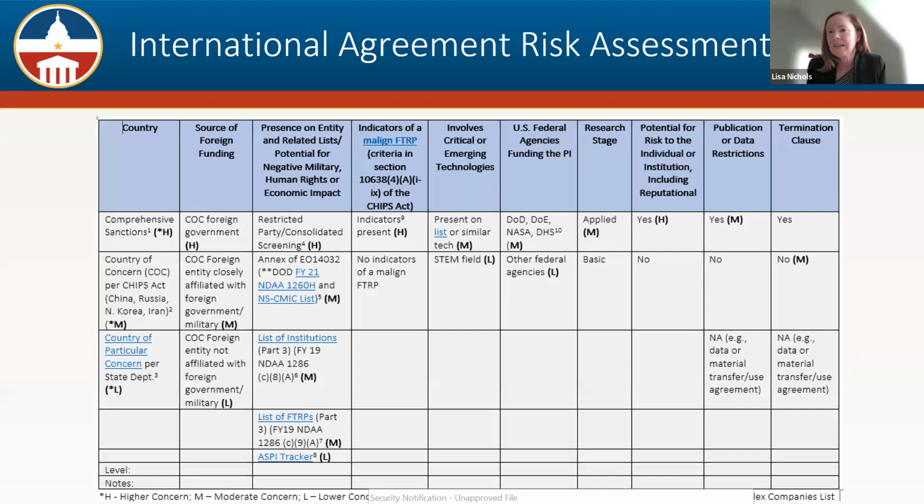Hopefully you can see it well enough on this slide. To a certain extent, it mirrors federal concerns and risk considerations, in particular the columns on the left-hand side of the matrix, and it also includes factors that are specific to the PI, institution, and agreements on the right.